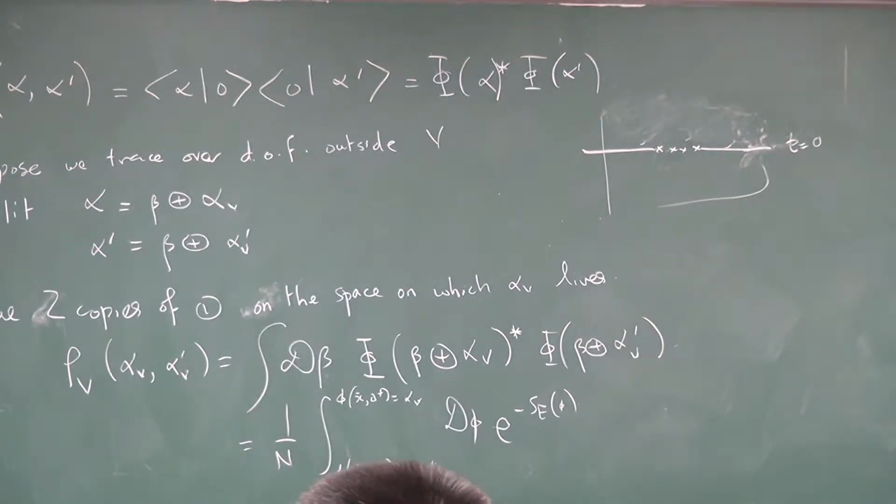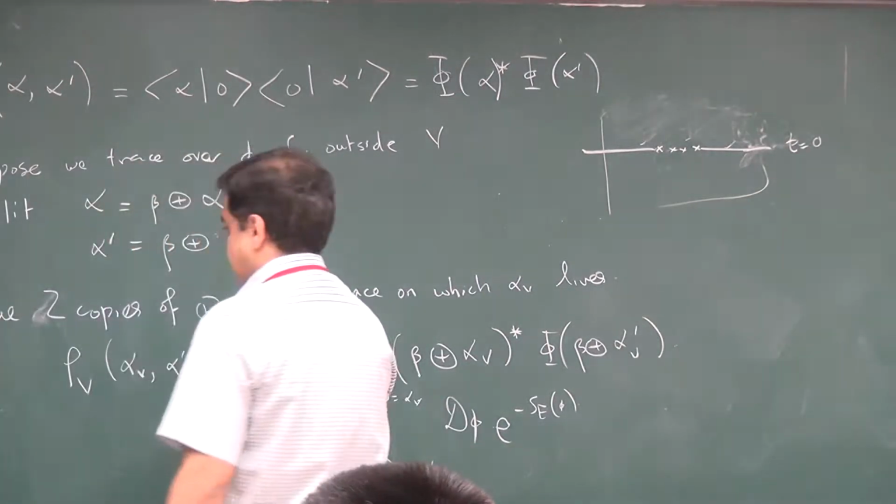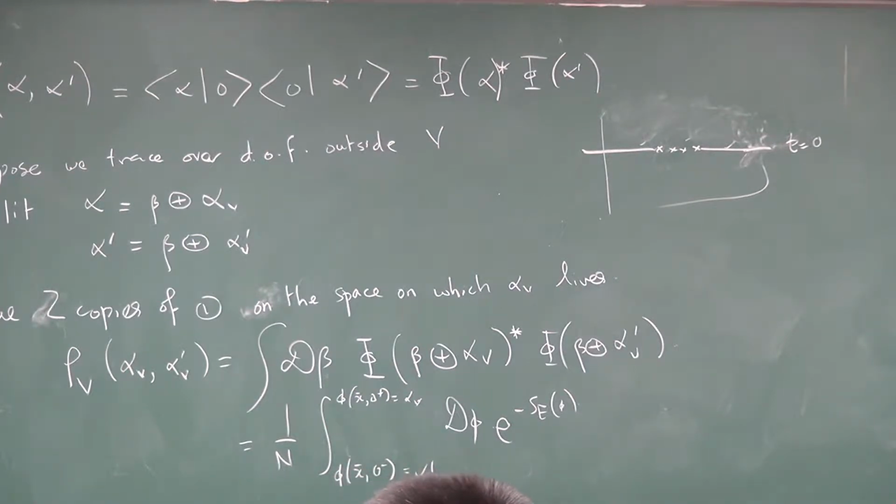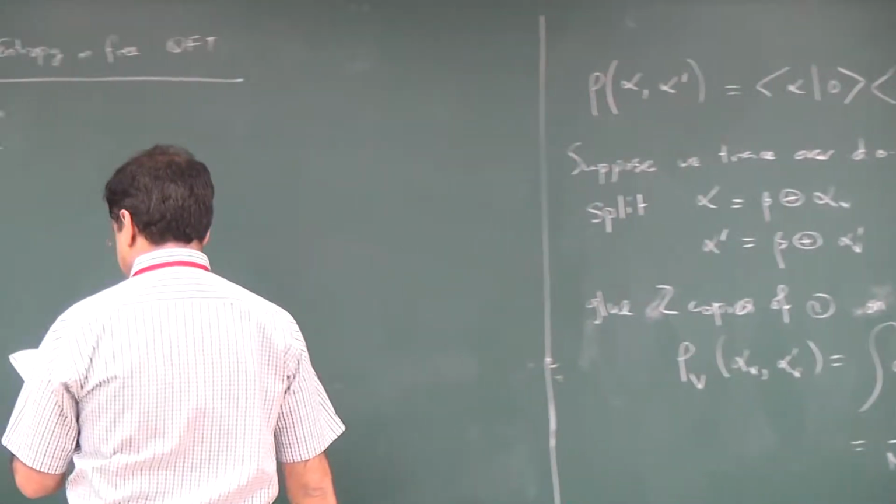But using this, what we're going to do next, you remember that we want to compute the entanglement entropy. I told you that we don't know how to define log of rho, so we use the replica trick. And in the replica trick, we need to compute trace rho to the power n. So S_n was trace rho to the power n over n minus 1, and we need to compute trace rho to the n.